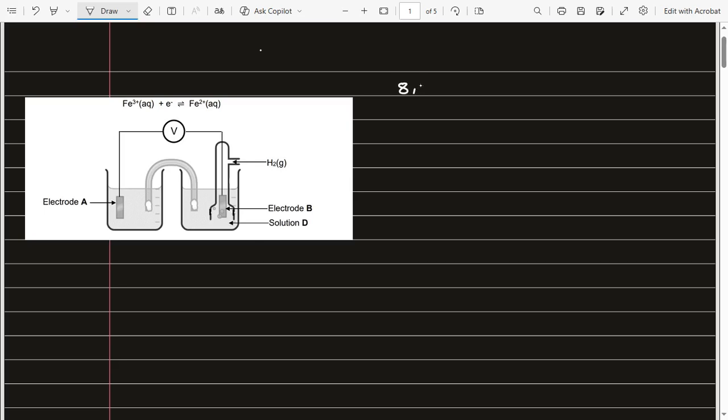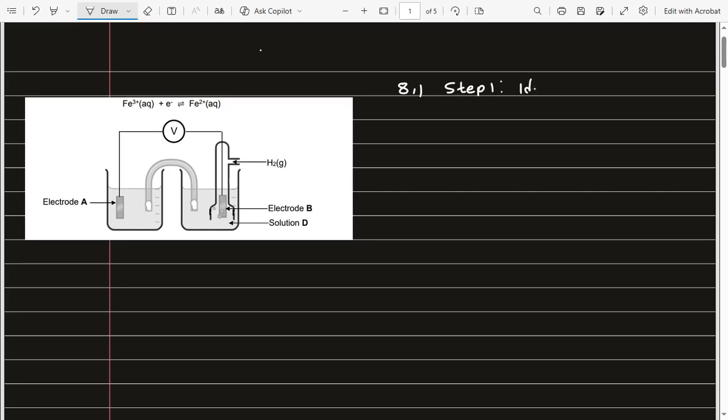okay, so to answer 8.1, first thing first, I need you to identify the right hand cell. Okay, so that's the first step. You're going to identify the right hand cell. Okay, so I need you to say step 1.